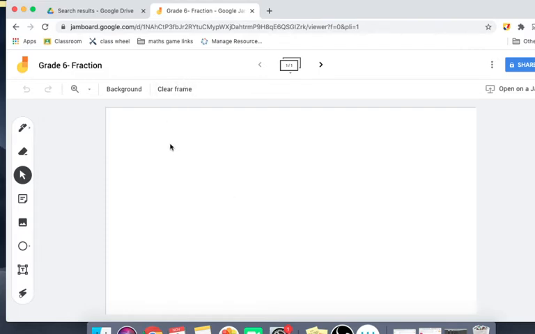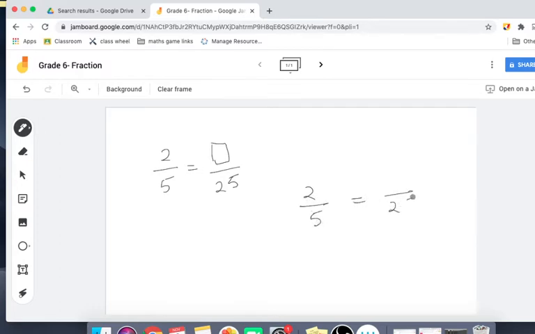If your question is saying 2 by 5 and you have to convert it into something in which you get 25 in the denominator, what do we have to do? We have to multiply 5 by 5.